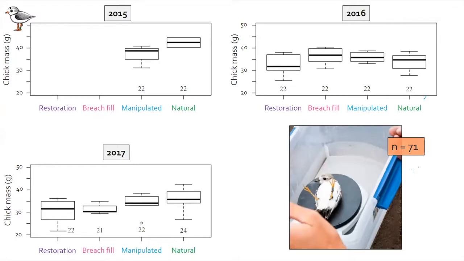So you'll notice that many of them were around 22 days, but in some cases it was closer to 24 or 21. And you'll see that nobody was recaptured in these 2 habitat types in 2015, and that was because there weren't any chicks produced there. And as you can see, there is variation between years and within habitat types.